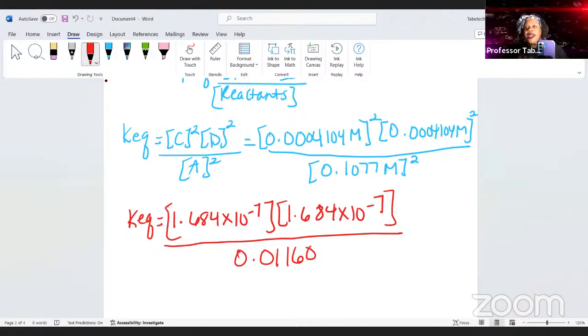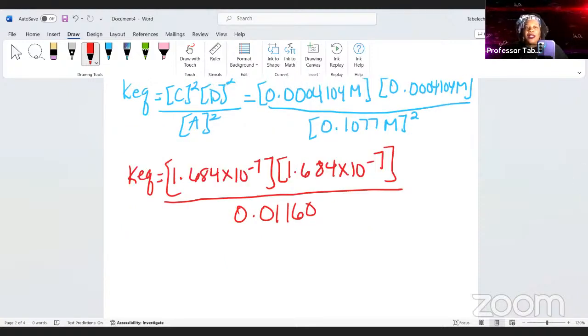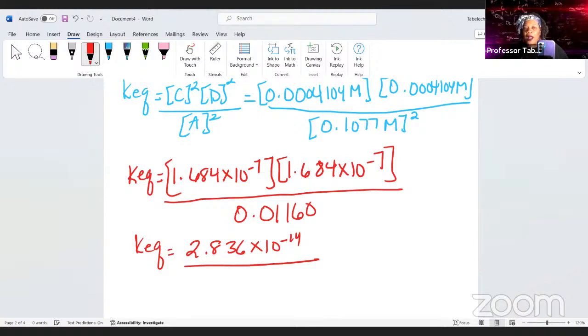Now, I'm going to go ahead and multiply these two numbers together on the top row so that I'll know what that's equal to. So that's 1.684 times 10 to the negative 7th power, multiplied by that number again. On the top, I get 2.836 times 10 to the negative 14th divided by 0.01160.